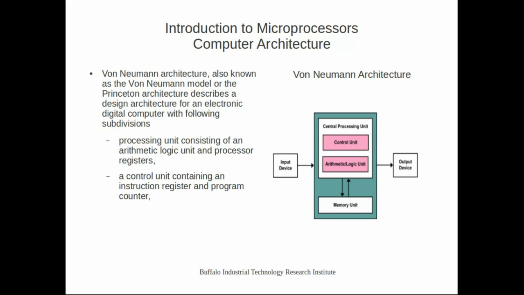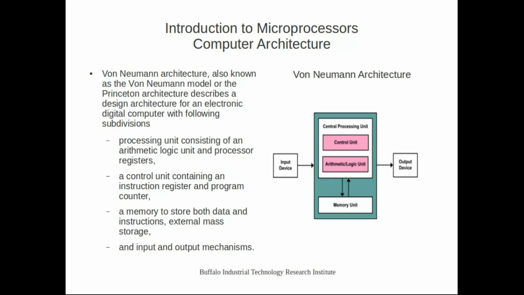It also had a control unit with an instruction register and a program counter, which generally controlled the operation of the processor. It also had a memory to store both data and instructions, external mass storage like a hard disk, and references to input-output mechanisms.